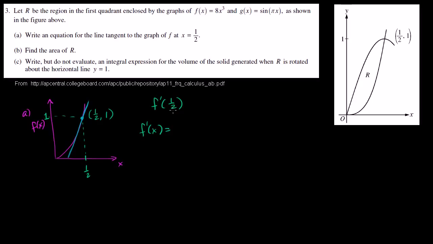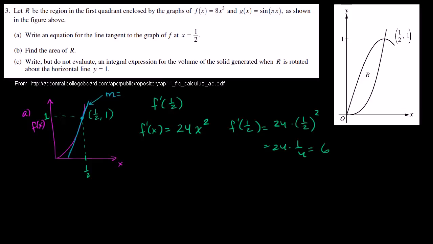So 3 times 8 is 24 times x squared. F prime of 1/2 is equal to 24 times 1/2 squared, which is equal to 24 times 1/4, which is equal to 6. So the slope of this line is equal to 6.